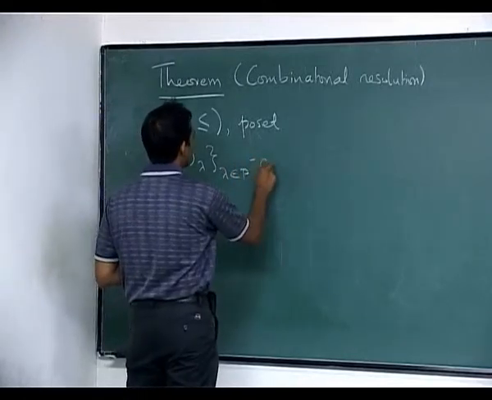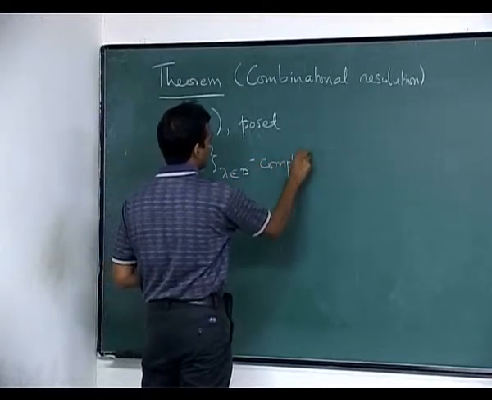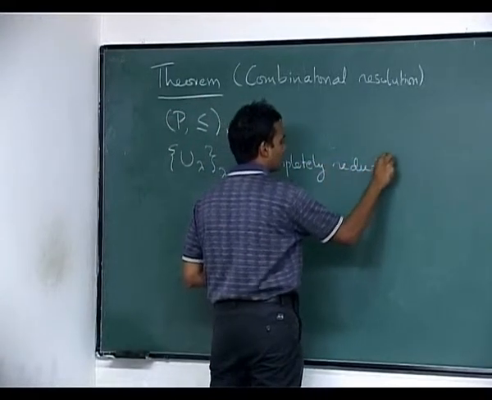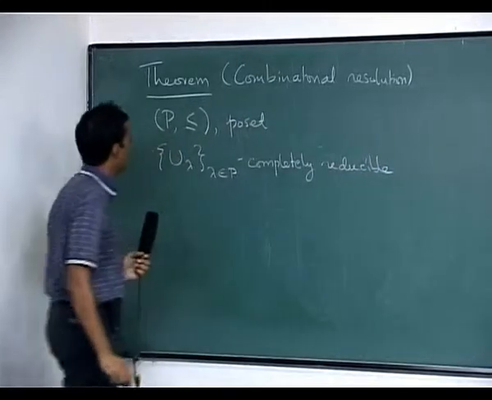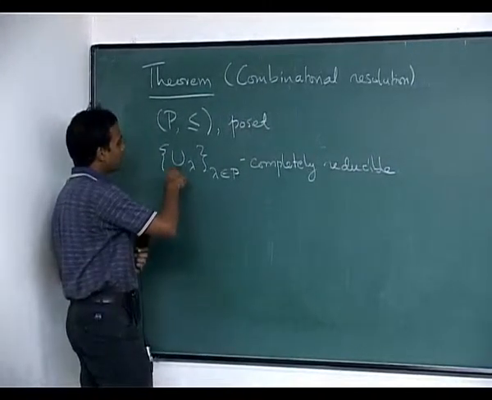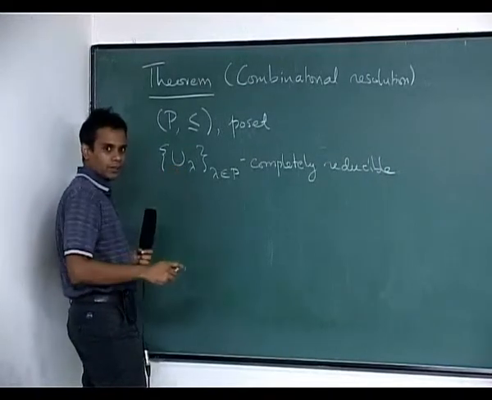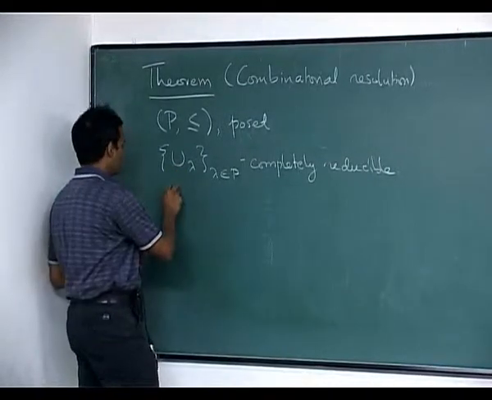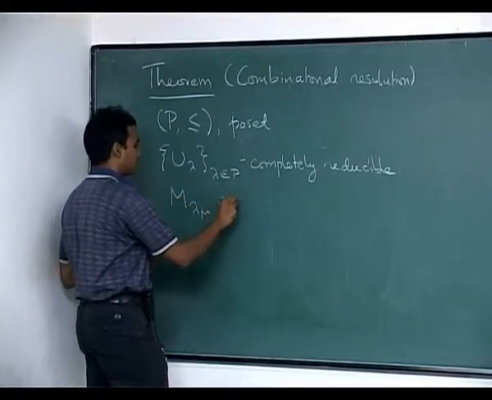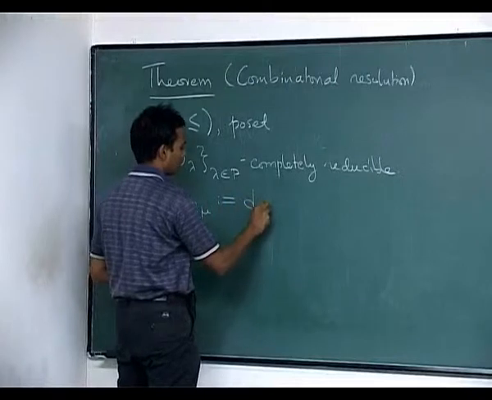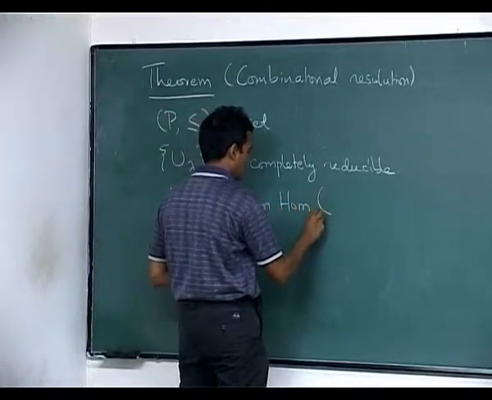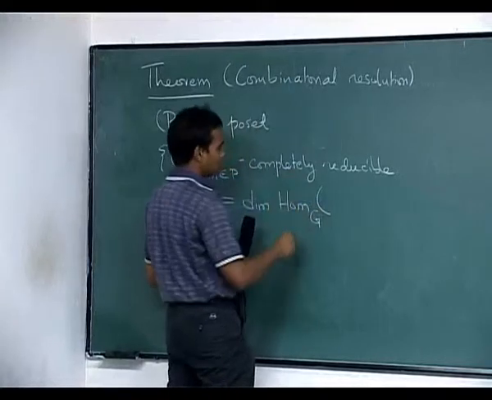Let's assume that these are completely reducible representations, and that we have some way of computing the dimensions of the intertwiner spaces. Let's call them m lambda mu. So these are representations of some group.